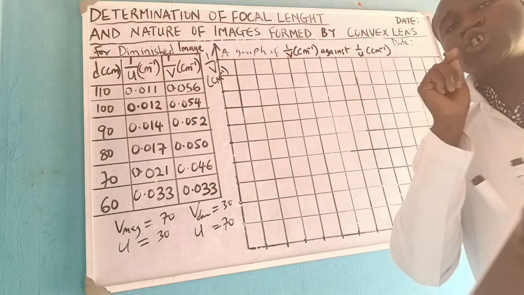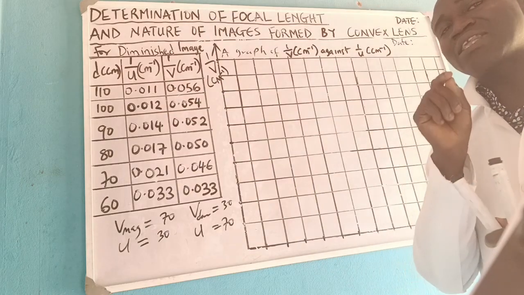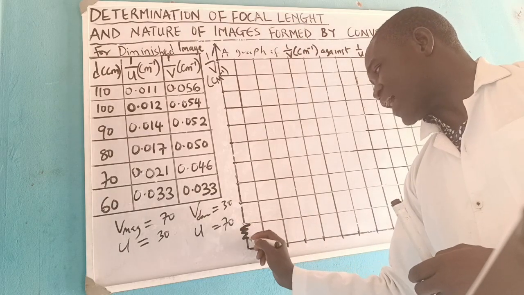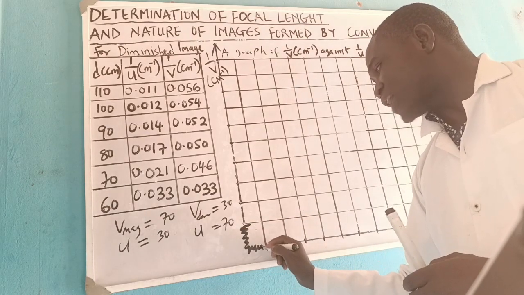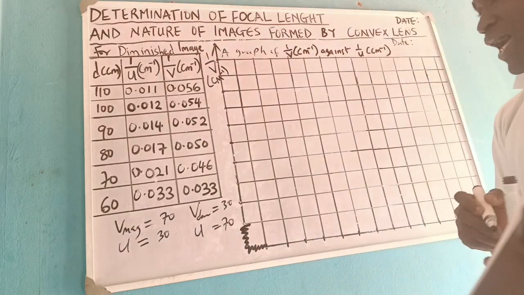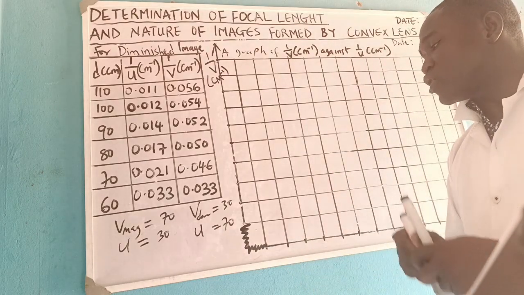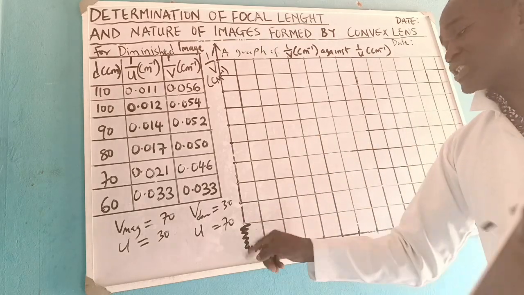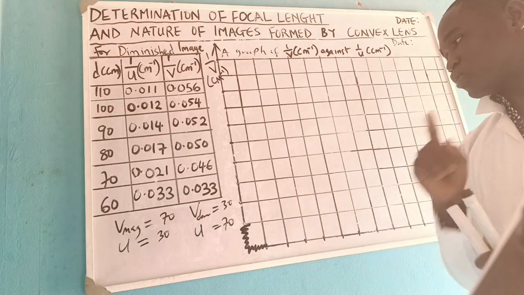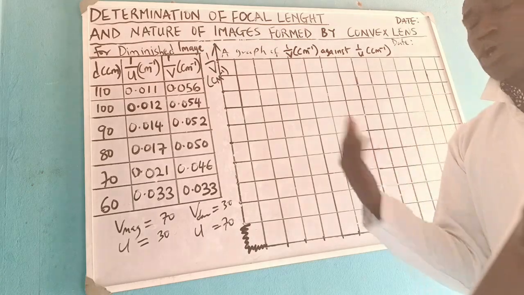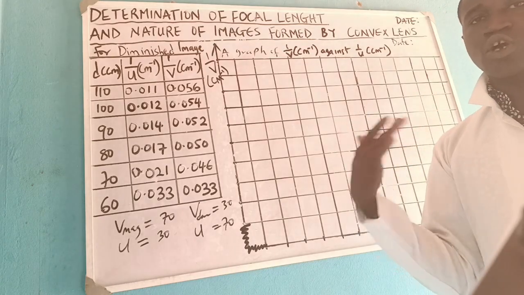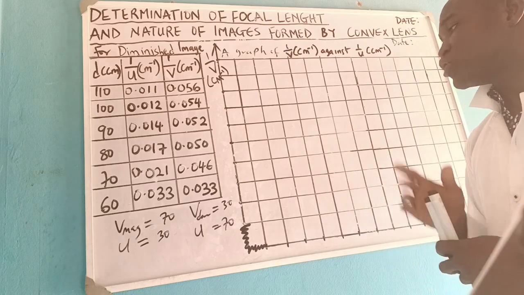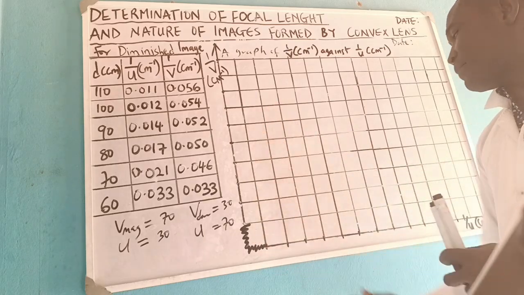So for you to show that you are obeying, that you are starting from the origin, what you need to do is put a zigzag here and put a zigzag here. That tells you that you are obeying the rule of starting from the origin. If you check our videos on our channel, you will see a lot of discussion we have had on graph plotting.